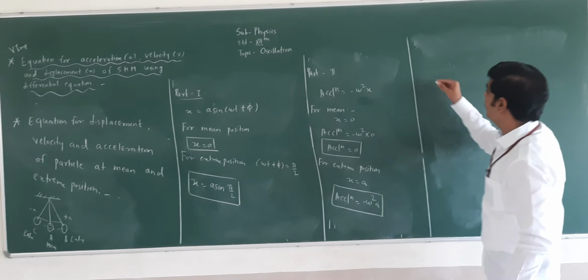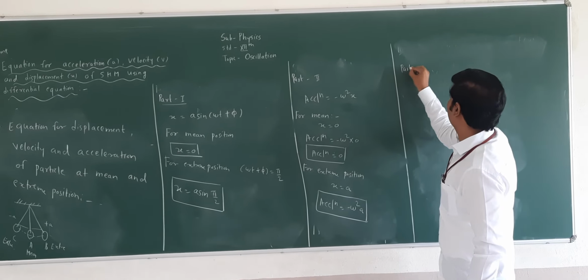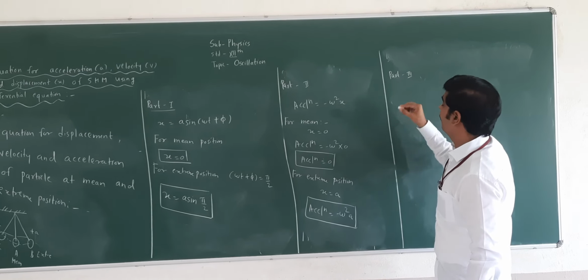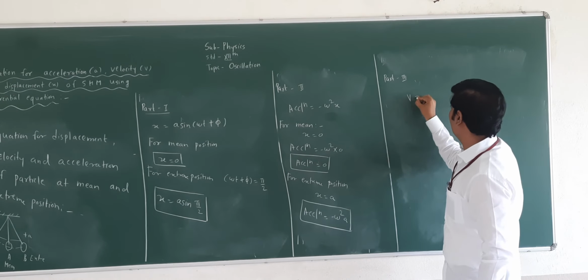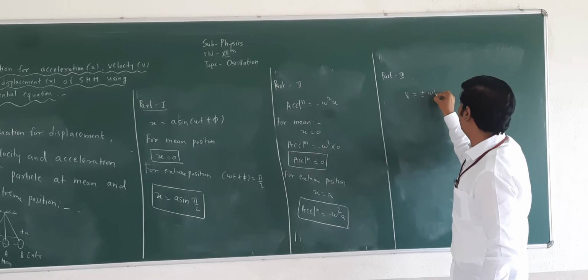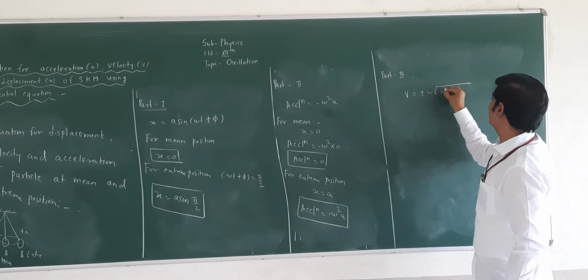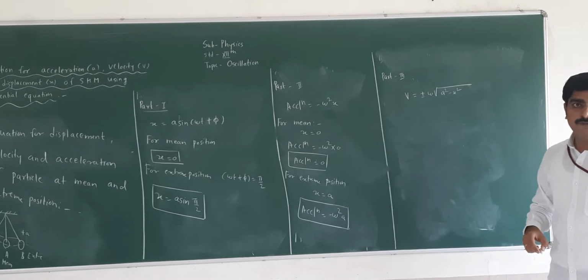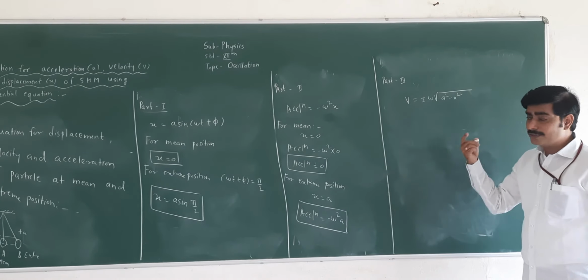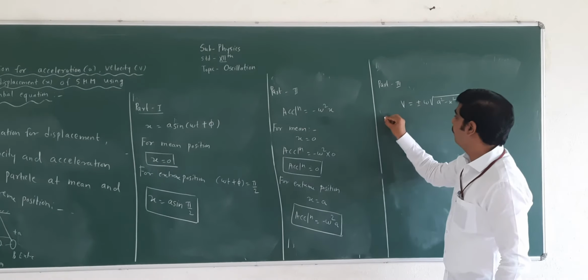Now part 3, for velocity, right? What is the equation for velocity? v is equal to plus minus omega under root A square minus x square. So this is part 3 for velocity. Here also we have to consider the two cases.